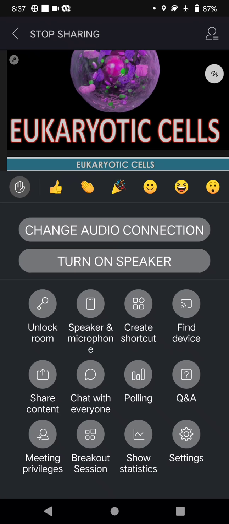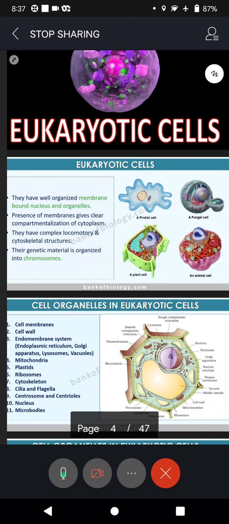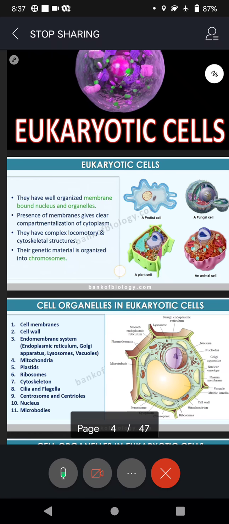So the locomotory organs would be present that help in movement of the body. And cytoskeletal, cyto means cell, skeletal means bone-like structures or some membrane-like structures. So these will give definite shape to the body.